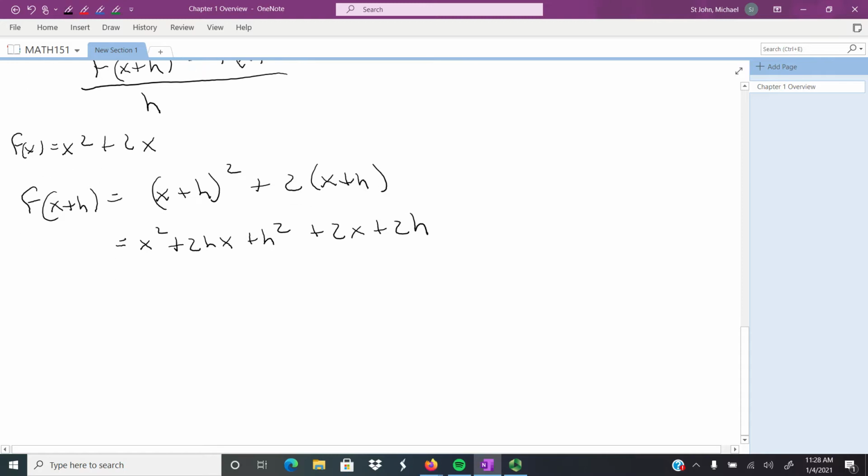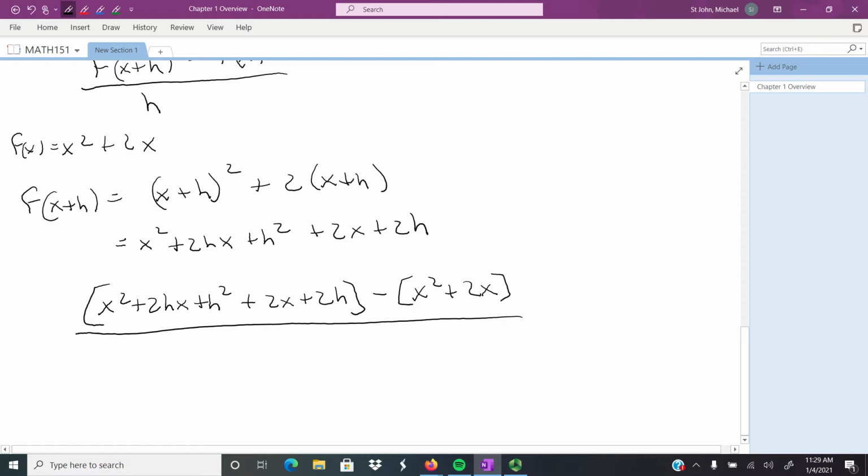Now we can take those pieces and plug them into that formula. So we have x squared plus 2hx plus h squared plus 2x plus 2h minus the x squared plus 2x all over h.